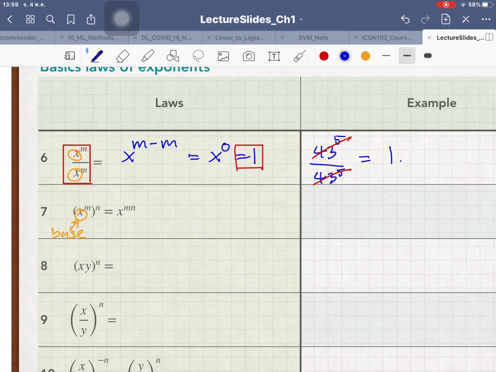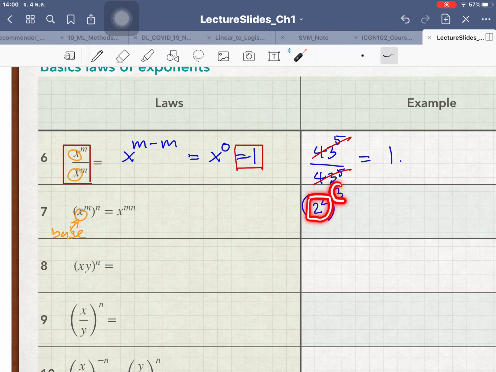How about if you have 2 square and then you take the power 3 outside again. First, if you look at this power, it means that you have 3 repeating terms. What will be the repeating term? This will be the repeating term.